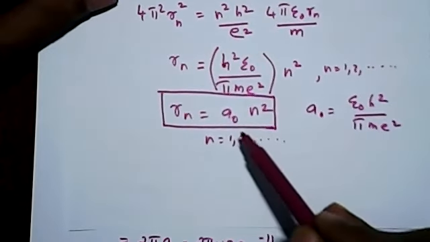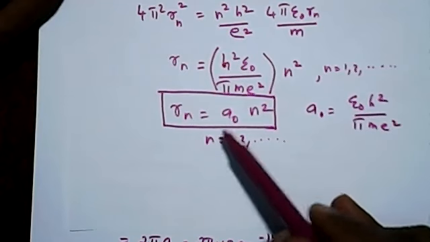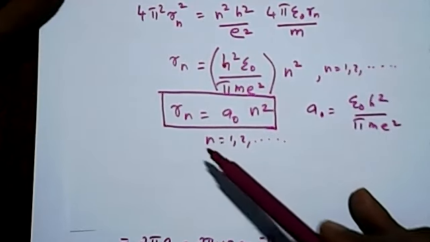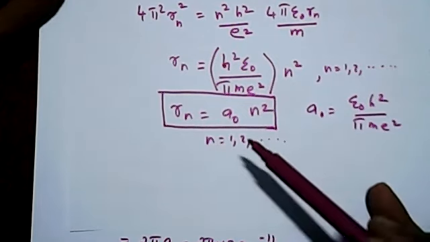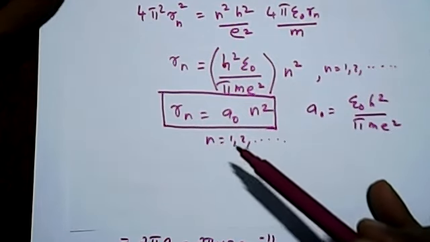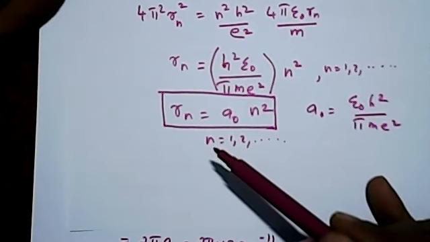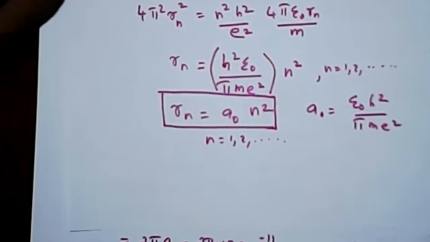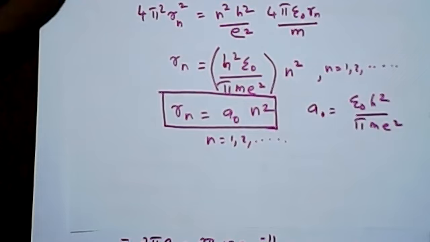So we obtain the same result as the Bohr atom model using the de Broglie hypothesis. This again validates the Bohr atomic model. So this later theory, the matter wave theory or de Broglie theory, supports the Bohr atom model. I think that is clear. The same result we have obtained.